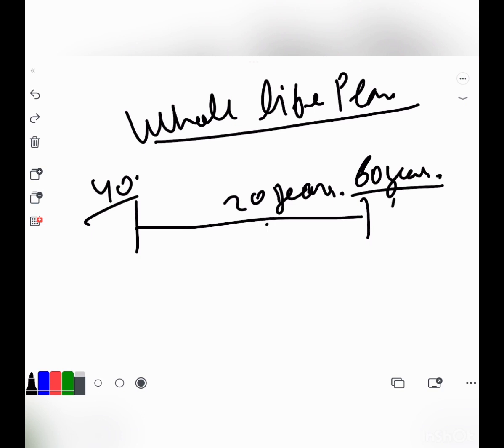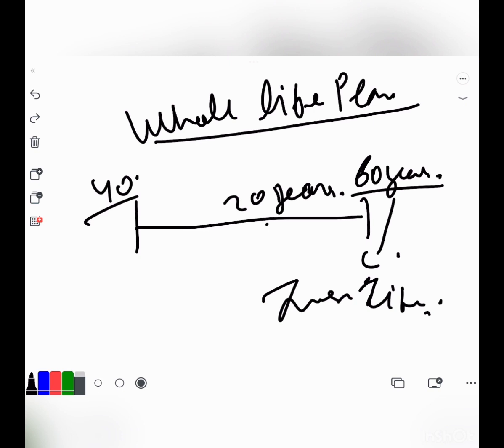At 60 years, no insurance company will give you life insurance, or they will give it at a very high premium, because the higher the age, the higher your mortality rate, the chance of dying. If the chance of death is more, definitely the risk for the insurance company is more. So the company will ask for more premium, because the chance of a claim is high. Or they may not give it to you at all, because at 60 years you may have some diseases, and they do not want to take such a risk.